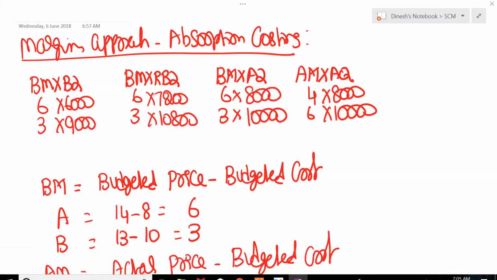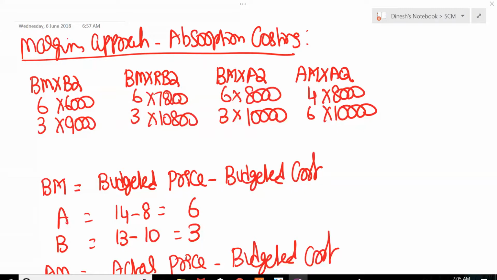Now be it total approach or margin approach, your sales price variance will be same, because change in price is equal to change in profit. So whatever is the change in price, that will be the exact change in profit. So that variance alone will remain same. Other variances will obviously undergo a change.